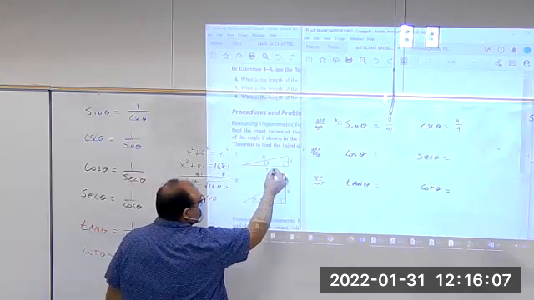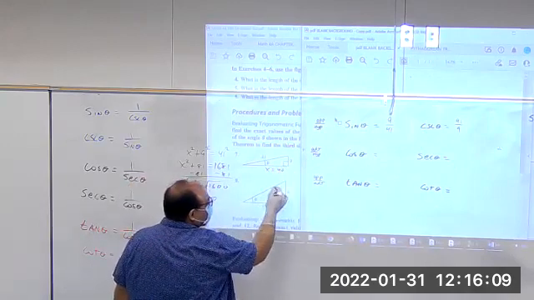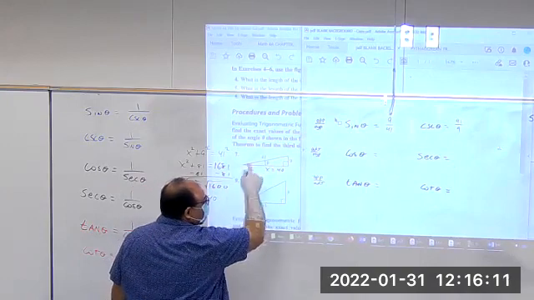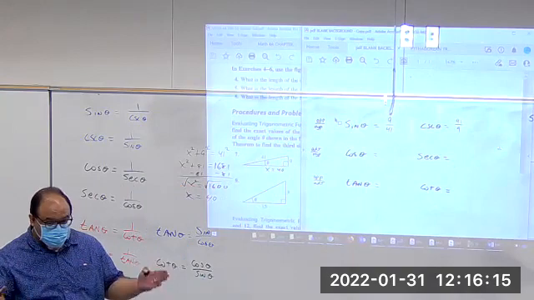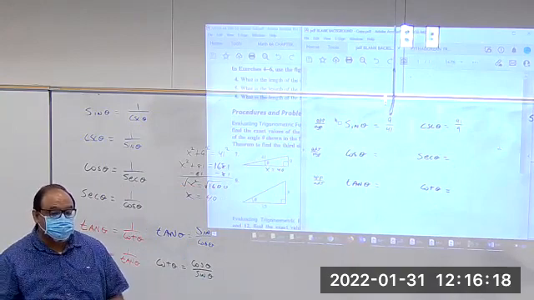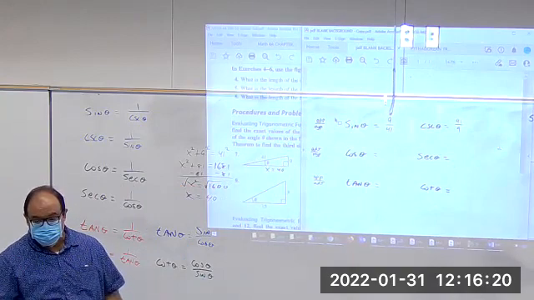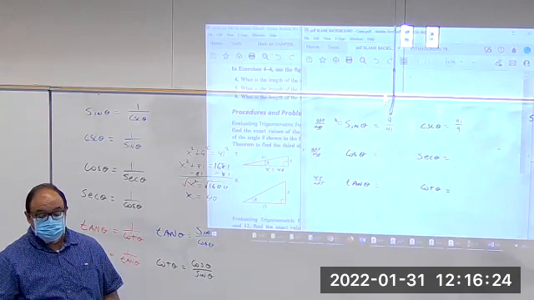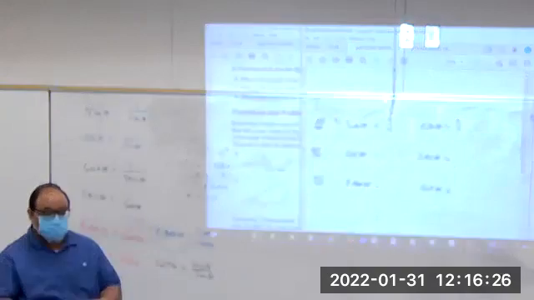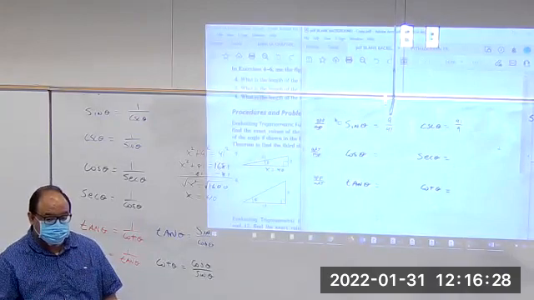Now look how nice these numbers are. Integer, integer, integer. If you get nice integers for your triangle size, that's called a Pythagorean triple. Okay, a Pythagorean triple. There's lots of Pythagorean triples that are integers that make up right triangles.